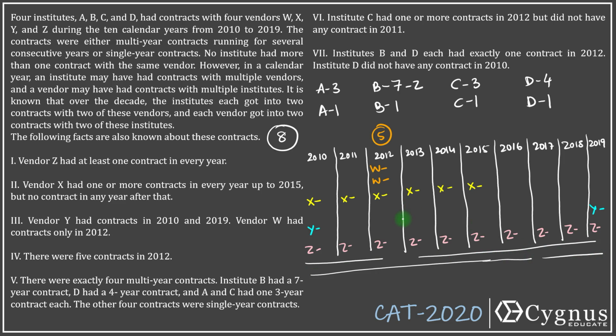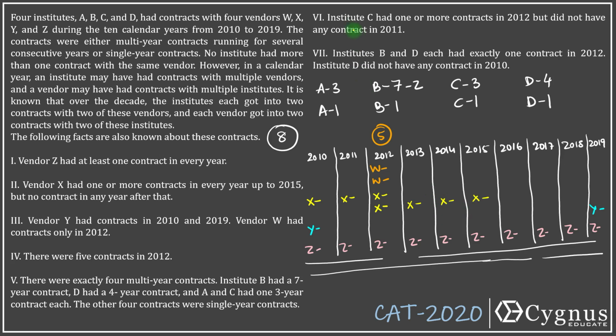Which means that the 3-year contract and 4-year contract must have gone with X. And coincidentally, it will repeat exactly if we have a contract somewhat like this. So a 3-year contract from 2010 to 2012 and a 4-year contract from 2012 to 2015. So it all makes sense at this point.